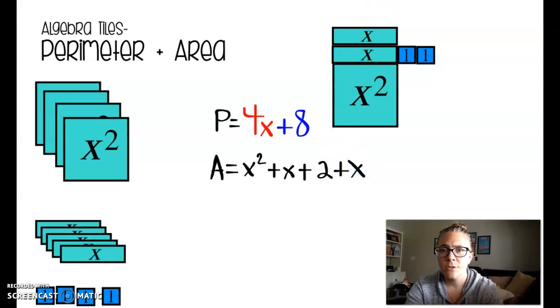Okay, so once again, going through and combining my like terms, I see that I only have 1 x squared tile.